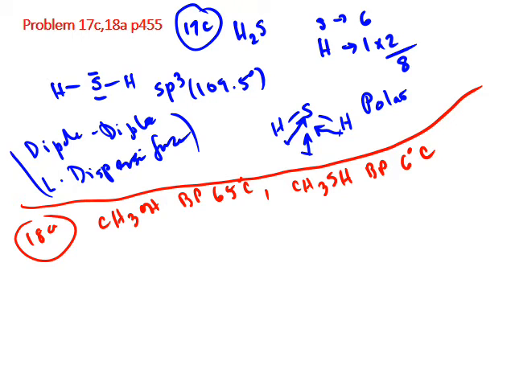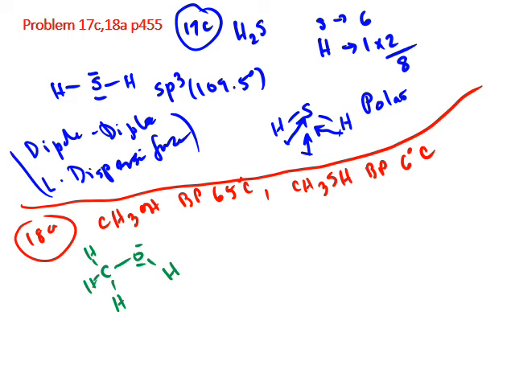Now why is there a difference? Let's look at the structure first. Now we need to draw the structure to understand this. Again, your methyl group, you have CH, H, H. Carbon must have 4 bonds, so oxygen, and oxygen must have 2 bonds and 2 pairs of electrons, OH.